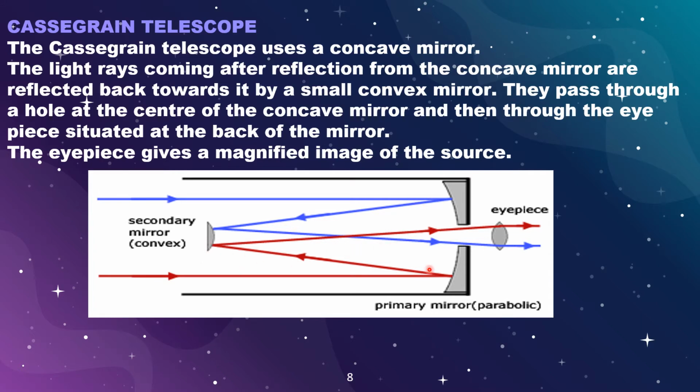These reflected rays then pass through the hole of the concave mirror and then through the eyepiece, which is situated at the back of the mirror. The eyepiece then gives a magnified image of the source.